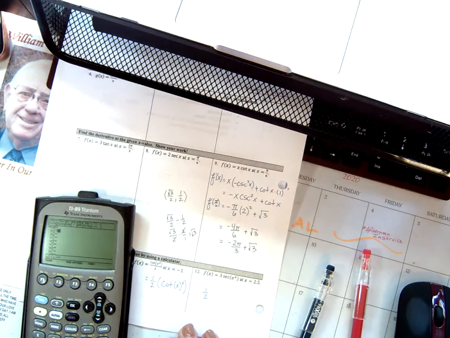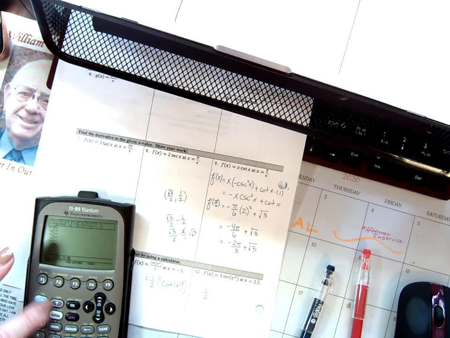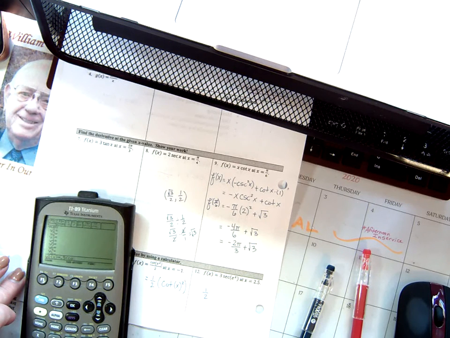All right, let's see if we can type it in here. 1/2 is the same thing as 0.5. So I think that's what I'll do as I'm putting it in the calc. So do 0.5. Then I'm going to open a set of parentheses, and I want cotangent. So I'm going to alpha, right parenthesis. That's my C. O is the subtraction sign. So alpha subtraction. T. Oh, T is up here with, see how it's X, Y, Z, T?